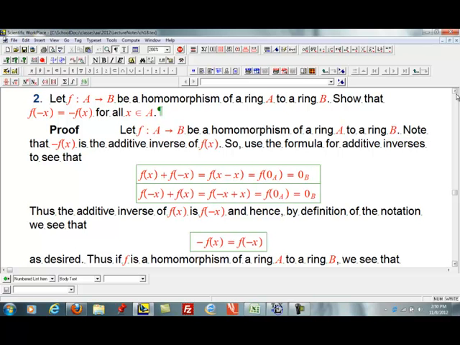If y1 is in the range of f, then there exists an x1 in A such that f of x1 is equal to y1, right? Definition of range. So, since A is a ring, any element of A goes through addition.